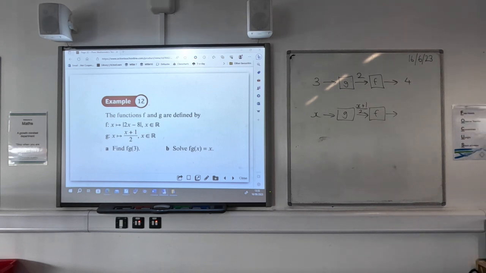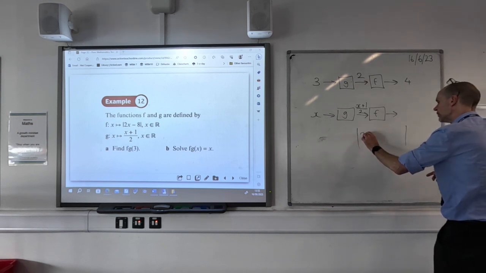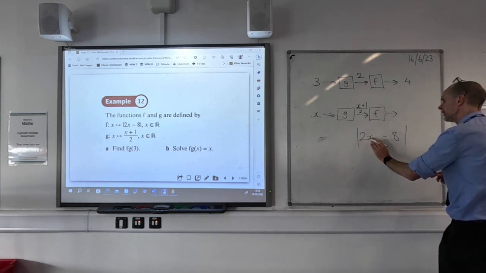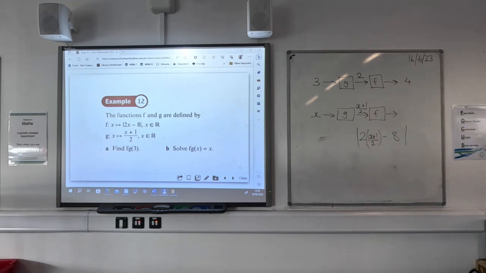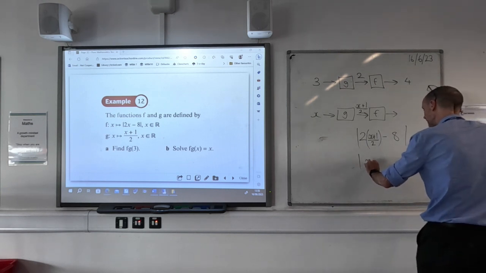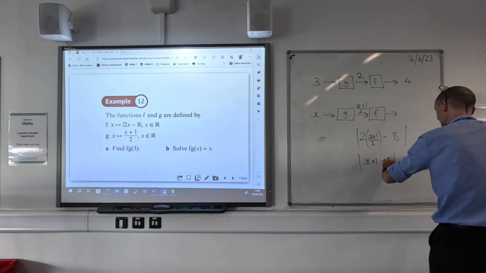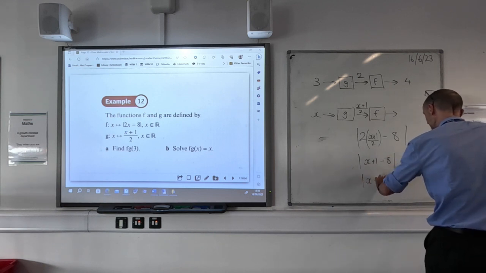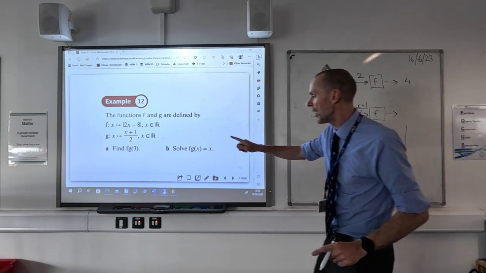If I then make that my x in f, what I get is 2 lots, this I replace with the thing that came out of g. And of course 2 lots of something divided by 2 is just that. So that is fg of x.